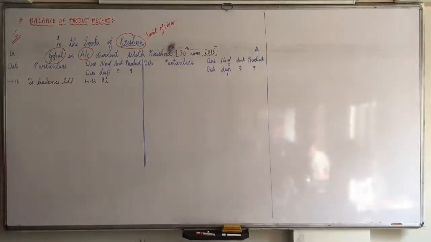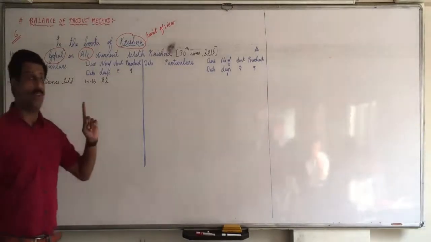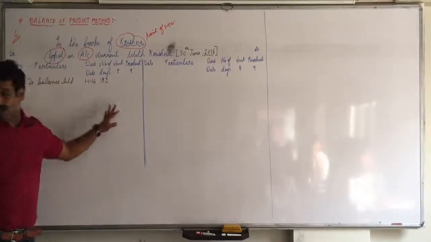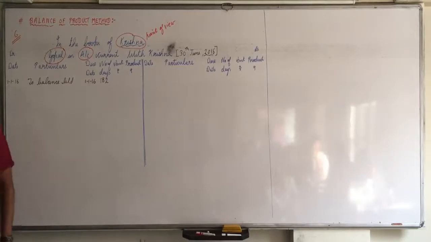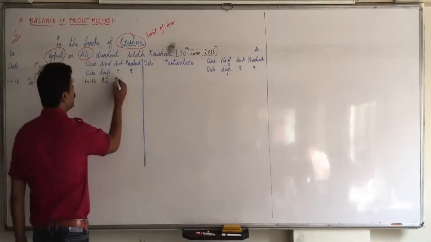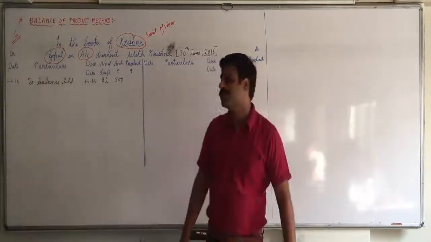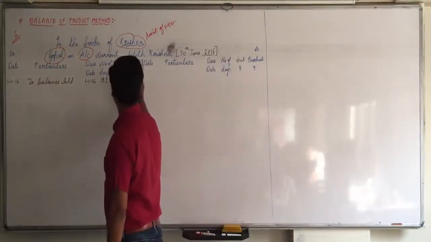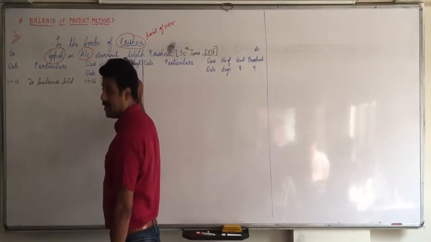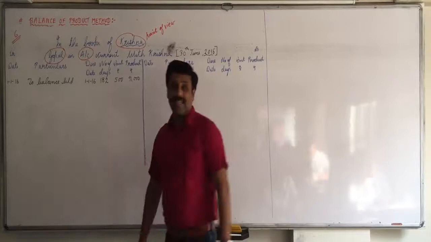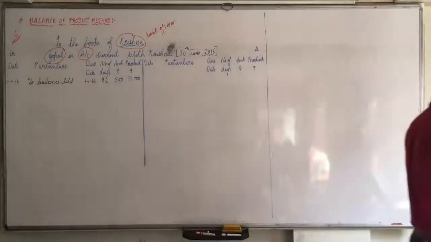Did you all understand this? 29 days of February because 2016 is a leap year. Now amount is given as 500. So do 500 into 182, 91,000. Did everyone understand this? Next.